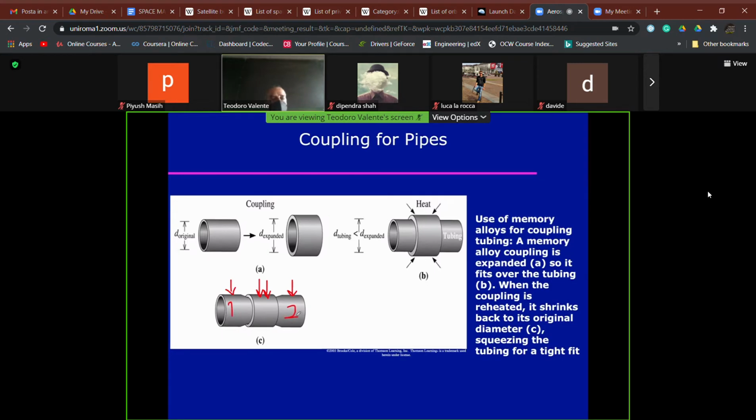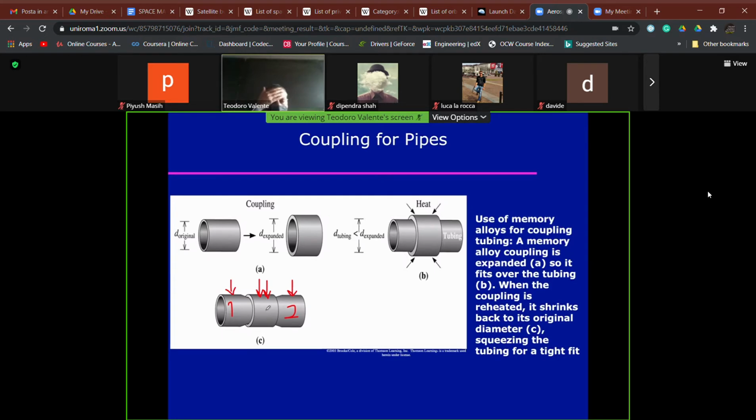But in this situation, in order to have coupling, we are not able to insert the ring along the pipes, since the inner diameter of the ring must be lower than the outer diameter of the pipe. But we can think to use shape memory alloys.